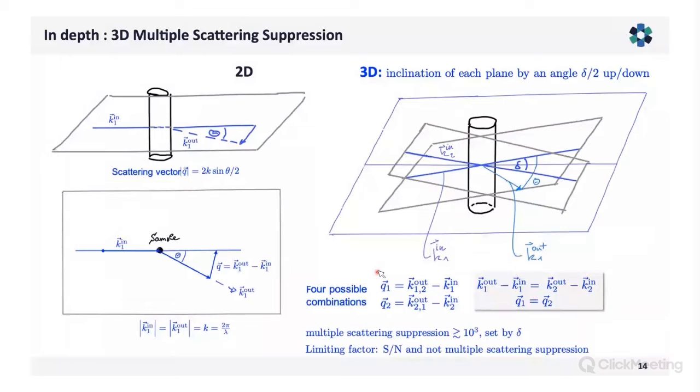Only one of these 4 combinations has the same Q1 and Q2, so the difference between out and in is the same. This selects and filters the single scattering signal. All others create only random signals, so we have 3 components that create random signals.